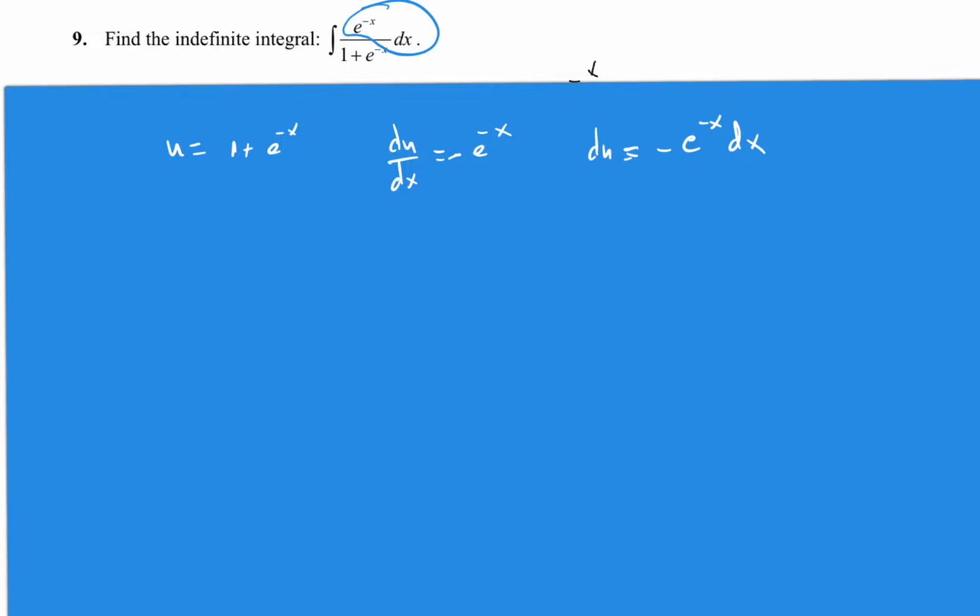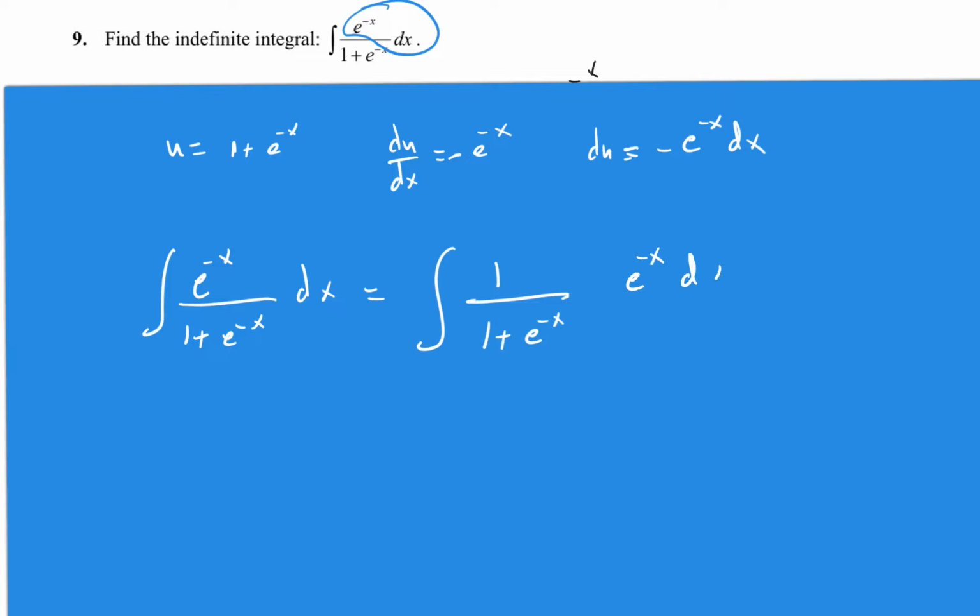So the integral of e to the minus x divided by 1 plus e to the minus x dx equals the integral of 1 divided by 1 plus e to the minus x times e to the minus x dx, equals the integral of 1 divided by u, by almost du, minus du.